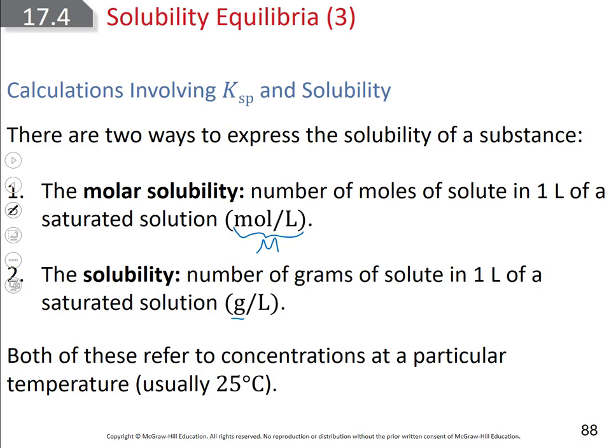The molar mass, the sum of the atomic weights for the compound. So to go from moles to grams, we multiply by the molar mass.